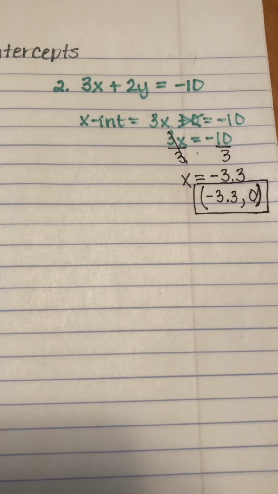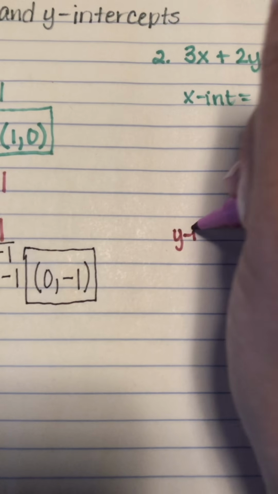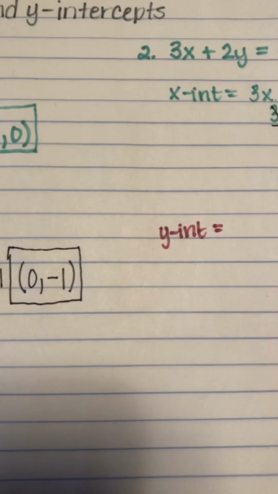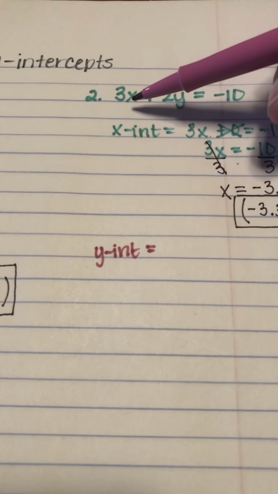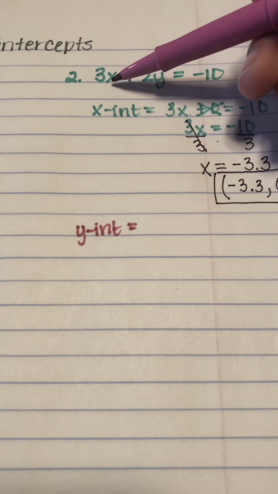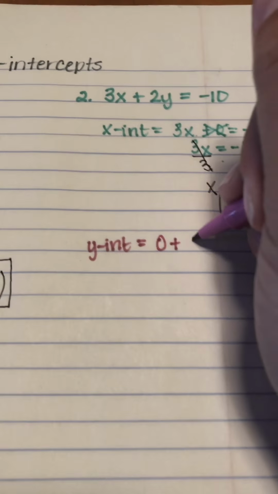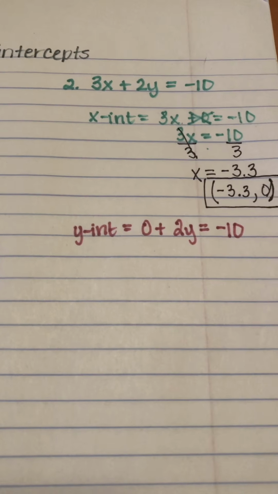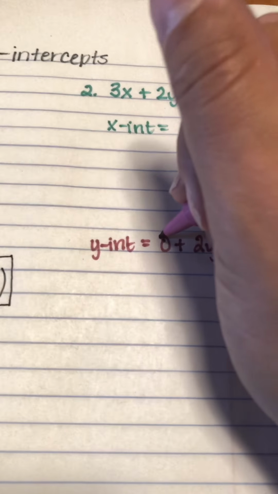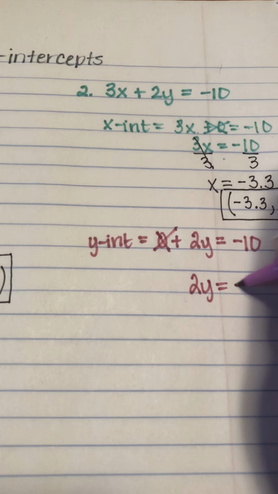Okay, so now I'm going to go ahead and find that y-intercept. So once again, with the y-intercept, this time x is 0. So 3 times 0, again, gives me 0, plus 2y equals negative 10. Once again, I don't need this 0. So that just leaves me with 2y equals negative 10.